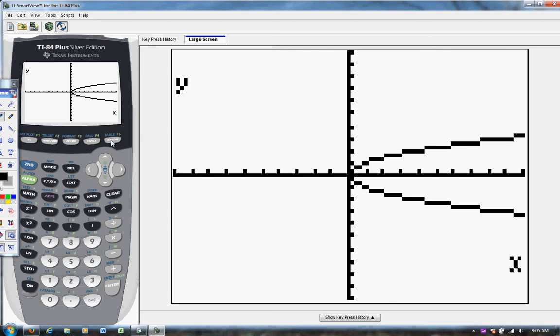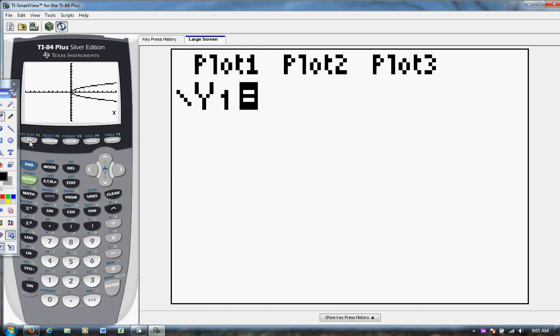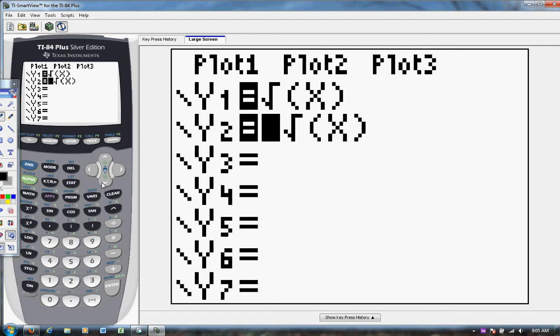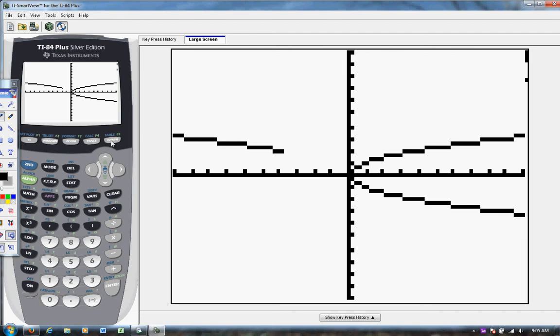It's flipped down. All right. Now let's go back, and for our third function, let's make this the square root of negative x. And this one should be flipped across. Okay?